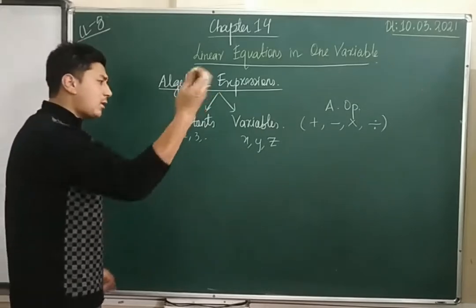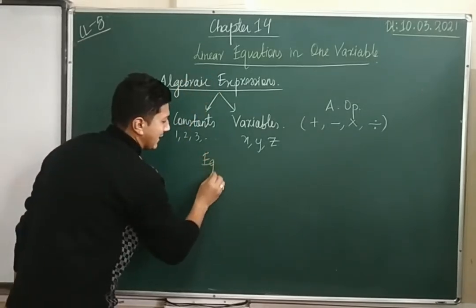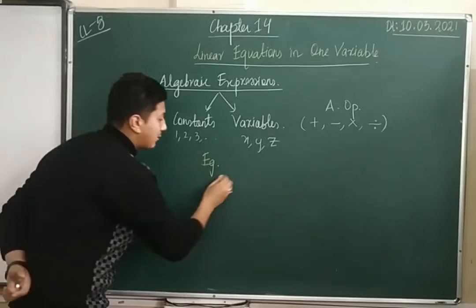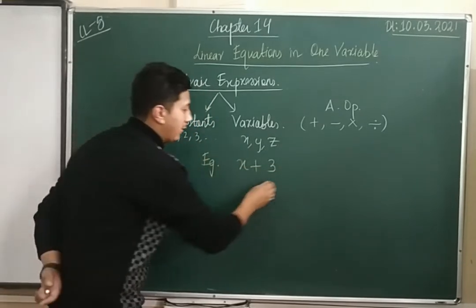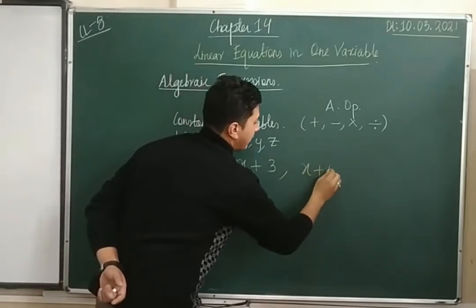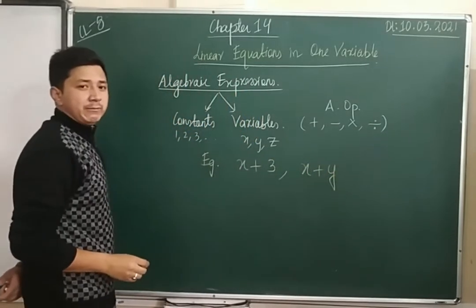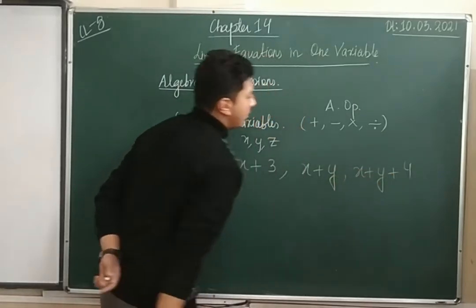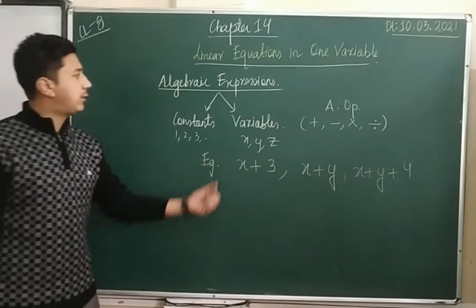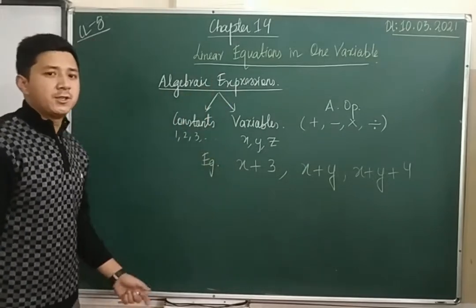Am I clear? Some examples we can take as algebraic expressions are x plus 3, or x plus y, or x plus y plus 4. These are some examples of algebraic expressions. How?